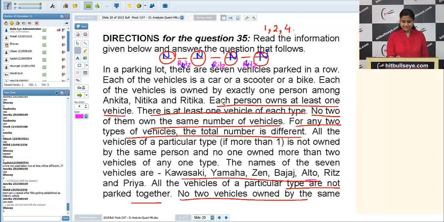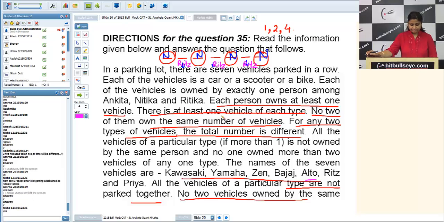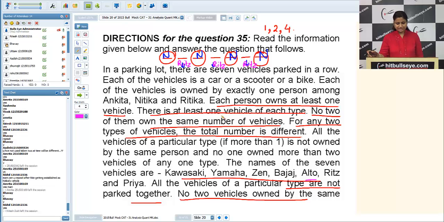Ritz cannot take 2nd, 4th and 6th place. So Ritz can be at 3rd place or the 5th place. Can I say this, Nikhil? Because Ritz is in the middle of a scooter and a car, we cannot take Ritz at the 1st place or the end place, because Ritz belongs to Nitika. So the only acceptable places are either 3rd or 5th.